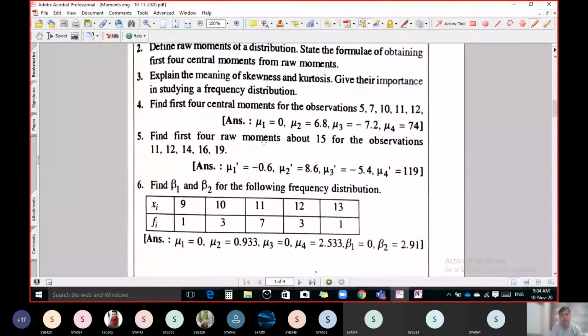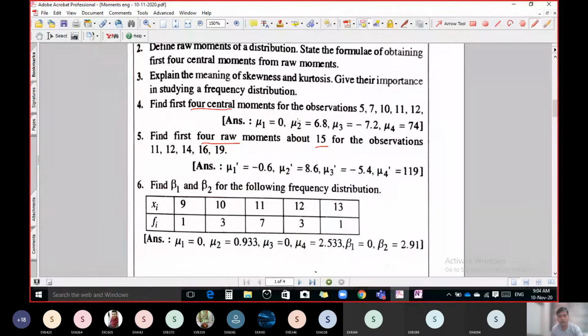Now question number 5. See, in question number 4, you had to find the first 4 central moments. Here you have to find the first 4 raw moments about 15. It is like question number 4, only the difference is that instead of subtracting x bar from all these values, you have to subtract 15 from all these values.